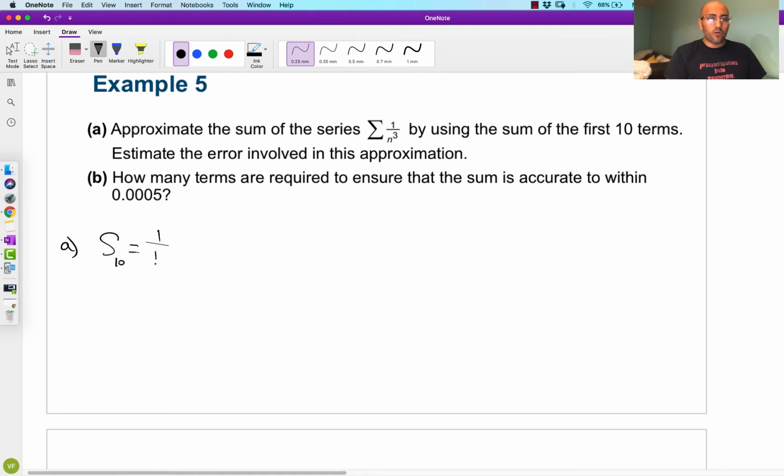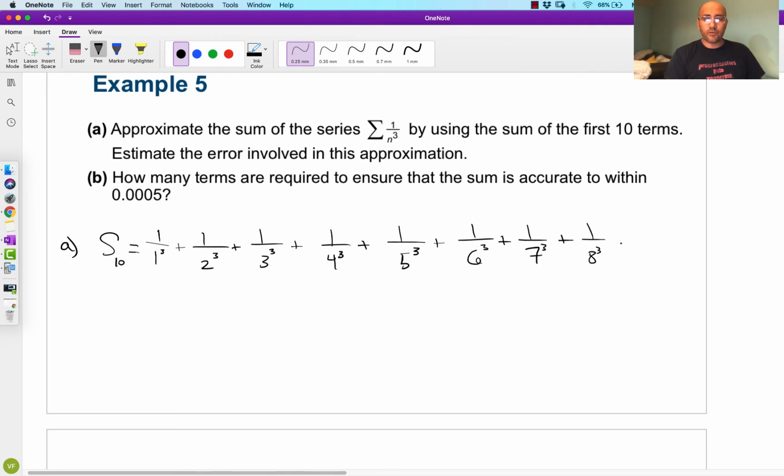So that'll be 1 over 1 cubed plus 1 over 2 cubed plus 1 over 3 cubed plus 1 over 4 cubed plus 1 over 5 cubed plus 1 over 6 cubed plus 1 over 7 cubed plus 1 over 8 cubed plus 1 over 9 cubed plus 1 over 10 cubed.